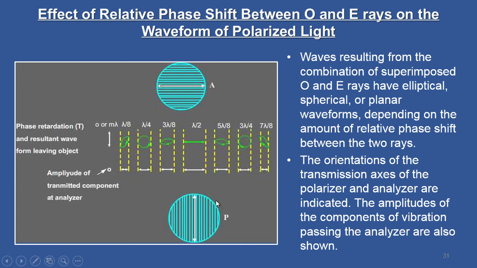That means you have the polarizer and an analyzer, the two polars, and depending upon the rotation and their orientation axis, you are able to manipulate the amplitude of the transmitted light which is coming from the specimen to the analyzer. So, this is the key to appreciate the manipulation of the amplitude of the transmitted beam from the birefringent specimen.